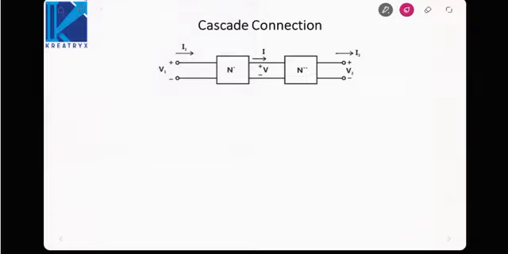Now the first type of interconnection is the cascade connection. What is meant by cascade connection is that the output of one subsystem acts as the input of the other subsystem. For example, suppose two bogies of a train are connected.